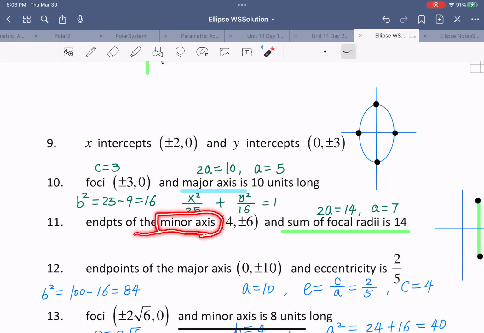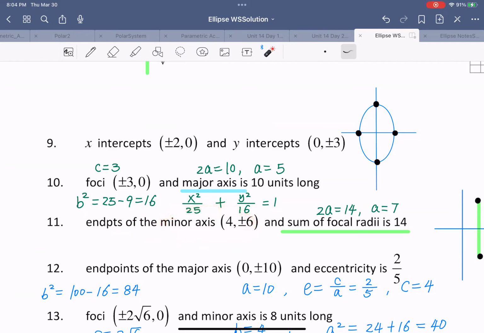Now look at this. Minor axis. Minor axis means what? Look at this. This is a 4, and then you go to the left by 6, go to the right by 6. This is a minor direction. So this ellipse should be vertical or horizontal? Horizontal. Wait. Hold on. This is the minor one.